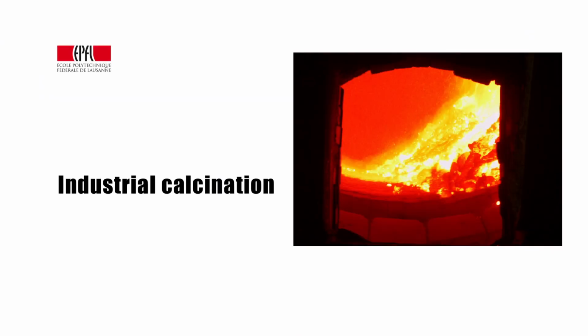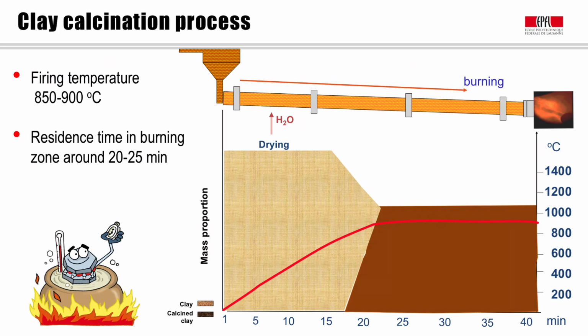So if we move on to the industrial scale and look at different methods of calcination. This schematic here is taken after what is usually shown for Portland cement. Calcination of clay is a much simpler process. First of all, we have the drying step and then the calcination step, in which there is some loss of volume due to the removal of water.